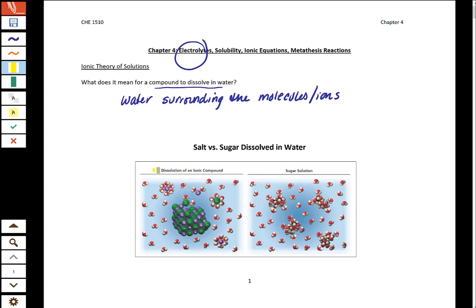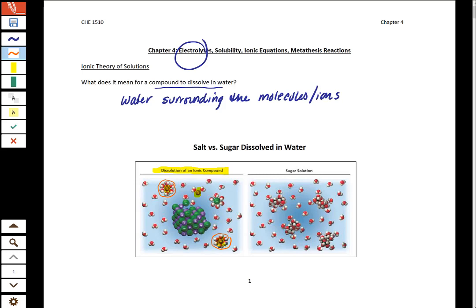So let's come over here to the dissociation or the dissolution of an ionic compound. You see this positive here that I'm highlighting? These positives that I'm highlighting are surrounded by these water molecules, and that's what is making that thing that we call a solvent cage.